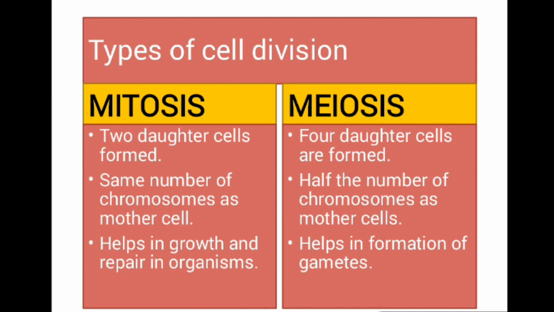In case of mitosis, the number of chromosomes in the parent cell and that of the daughter cell is the same, whereas in case of meiosis, the number of chromosomes in the daughter cells is exactly half the number that is found in the parent cell. Mitosis helps us to grow and repair our body, whereas meiosis is solely responsible for the production of respective gametes.